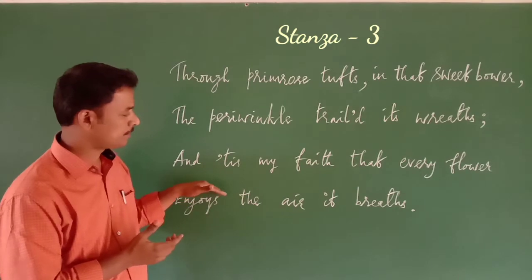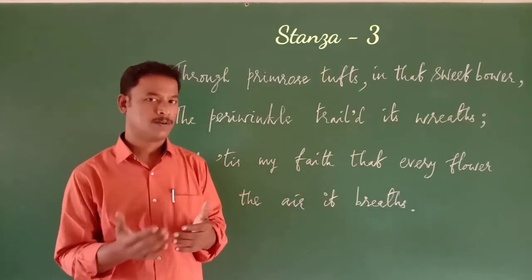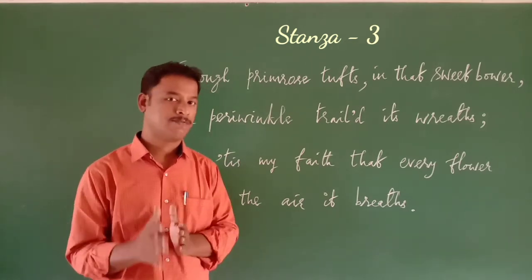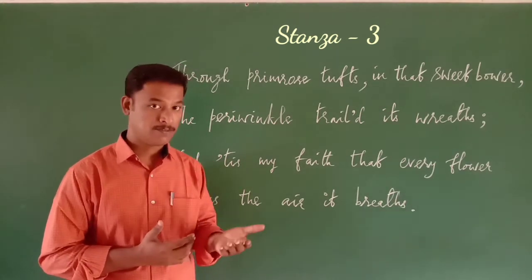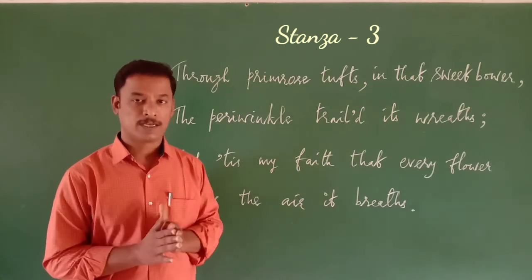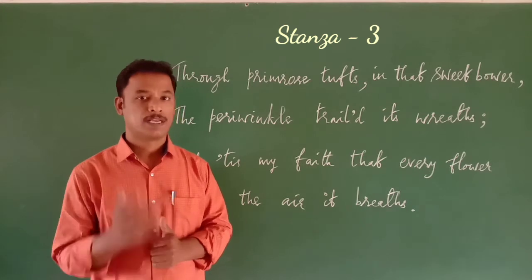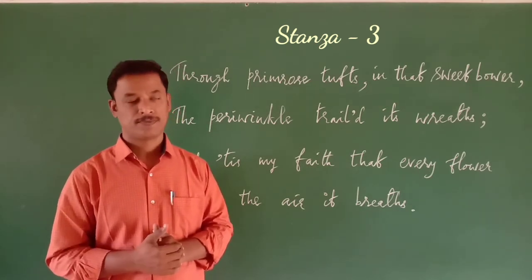In the next two lines, the poet says that he has a faith or strongly believes that every flower enjoys every ounce of the air it breathes. They are thankful for living beside nature. That is why he says it is his own faith that every flower enjoys the air it breathes.